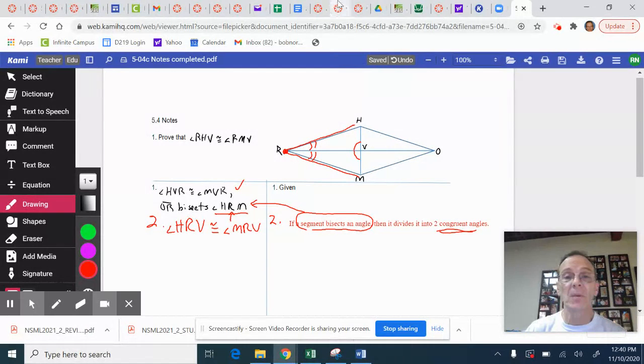Okay. Now, I got to remind you of something I said recently, which is that every single proof from some point earlier on to the end of this unit is going to require you to show at some point that there are congruent triangles in a diagram somewhere. Now, I'm not asking you to prove here that triangles are congruent.